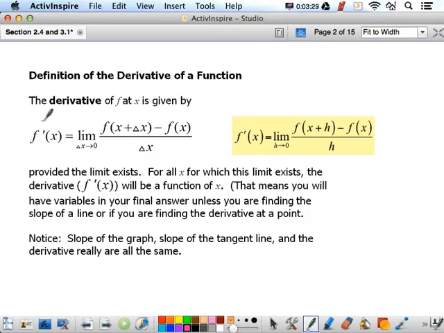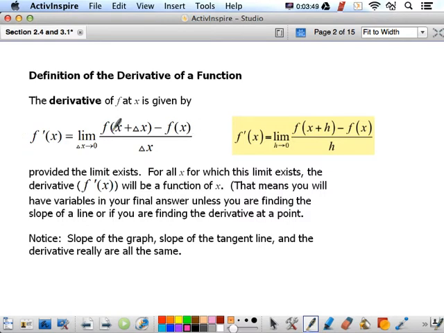This little mark here indicates the derivative. F prime of x equals the limit as delta x approaches 0 of f of x plus delta x minus f of x all over delta x. You should recognize this as the difference quotient.